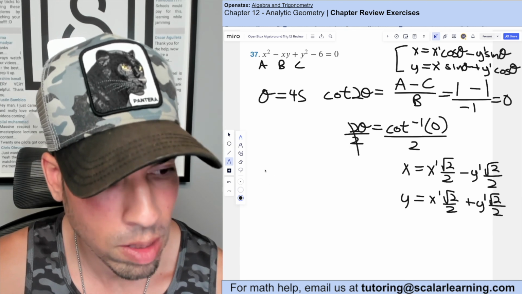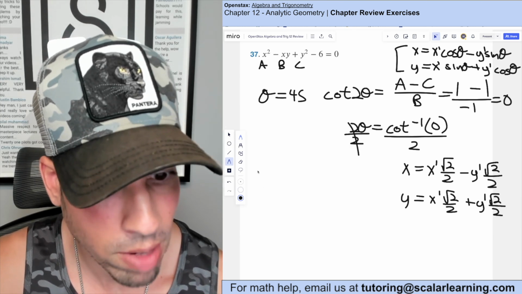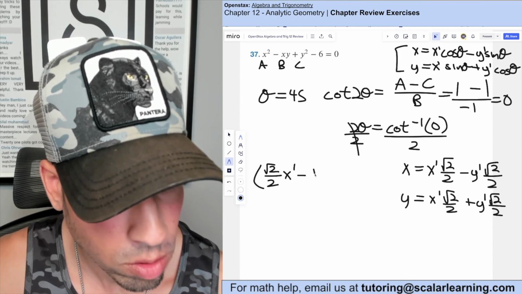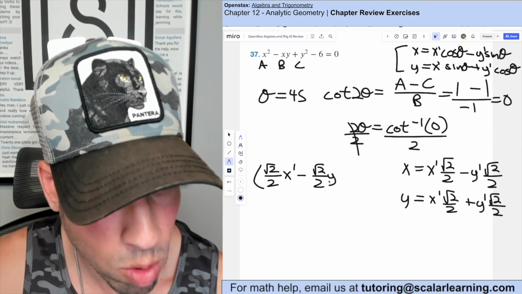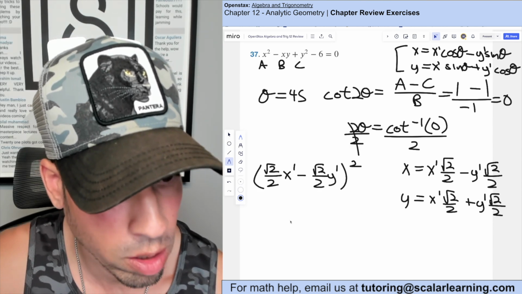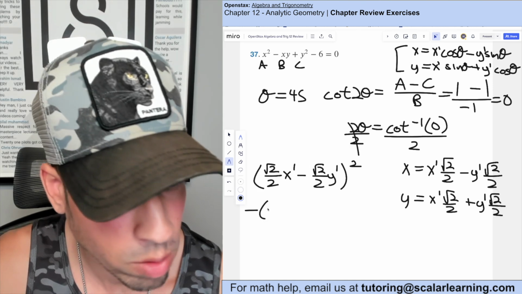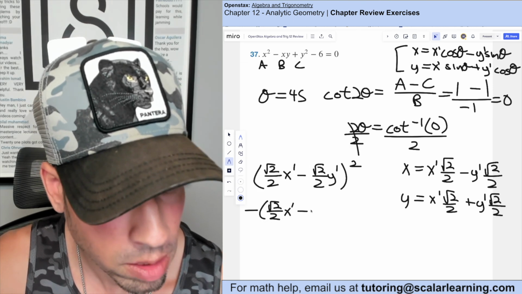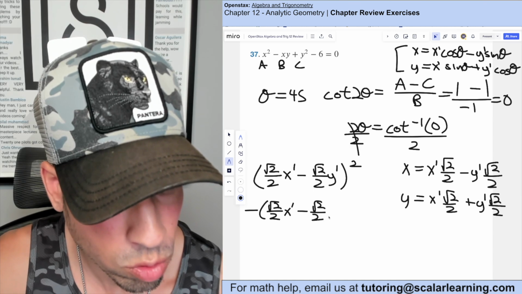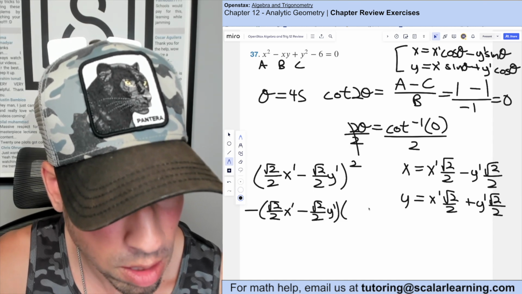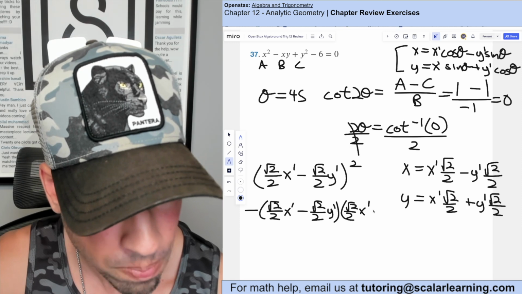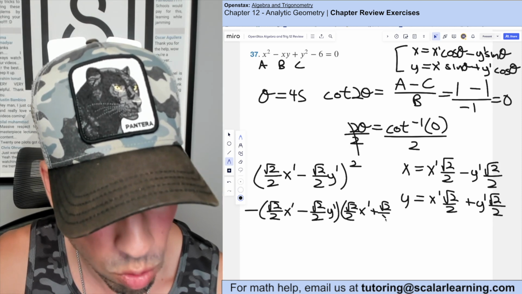So we're going to have a little bit of work to do here. First we have x squared, so that's going to be (rad 2 over 2 x minus rad 2 over 2 y) squared, minus x times y, which is (rad 2 over 2 x minus rad 2 over 2 y) times (rad 2 over 2 x plus rad 2 over 2 y).